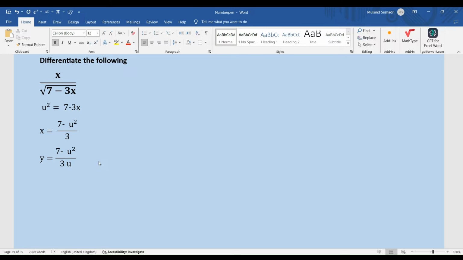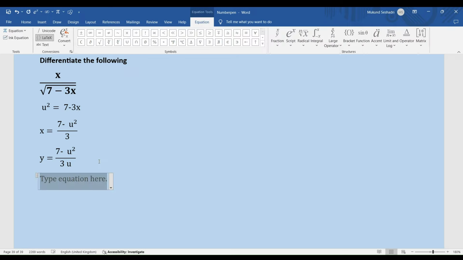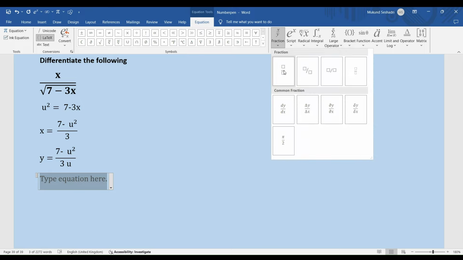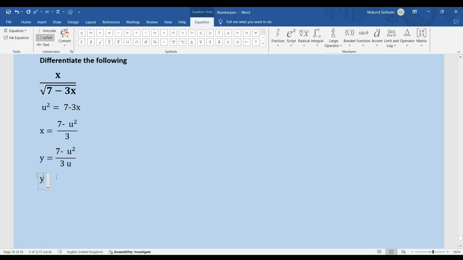So I'm going to rewrite this as follows. Y equals, 3 is common to the denominator, so let's pull that out. So we have 1 by 3, and then I have my first part.